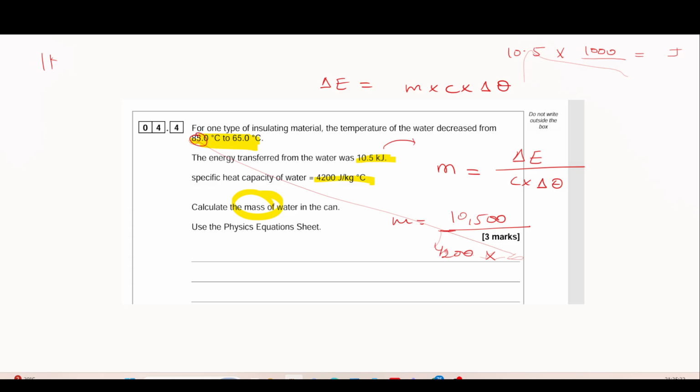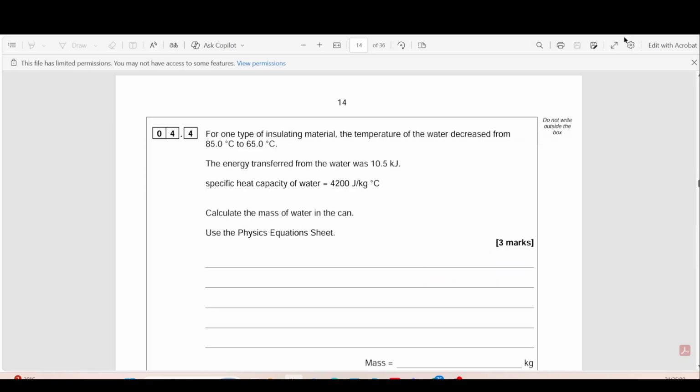Yes, 20 because 85 minus 65 is 20 degrees. Okay, good. 0.125. Yes, exactly. 0.125 kilograms. That's correct. Very good.